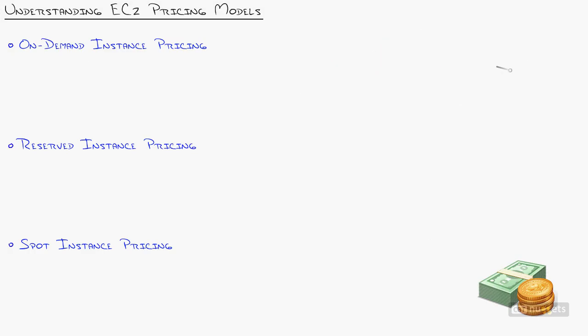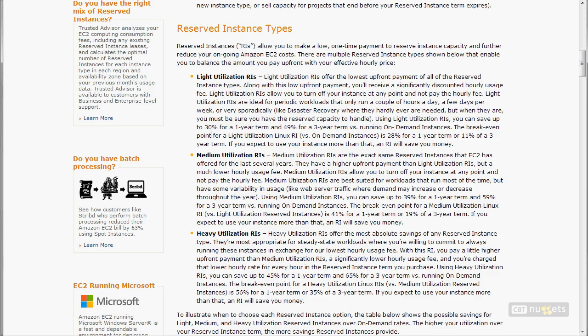Okay. So with that being said, let me add another element to this. One more thing that you commit to with reserved instance pricing is the utilization of that reserved instance. There are 3 categories, and this is probably the most confusing one: light, medium, and heavy utilization reserved instances. Now, this is essentially what you expect your usage of that reserved instance to be. Are you going to use it lightly?